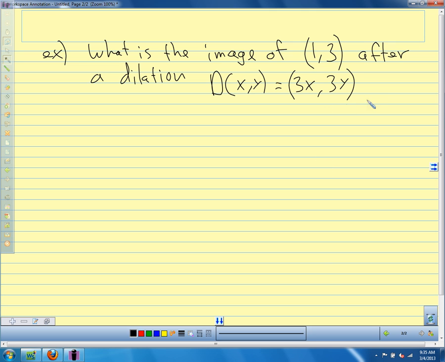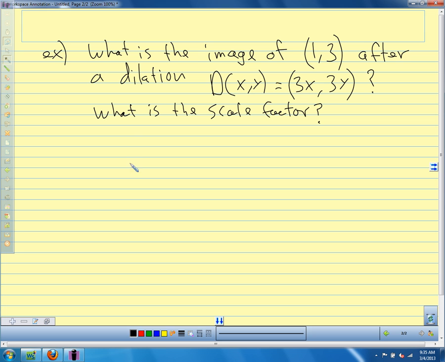And our second question is, what is the scale factor? Well, all this is telling us is multiply the x coordinate by 3 and multiply the y coordinate by 3.